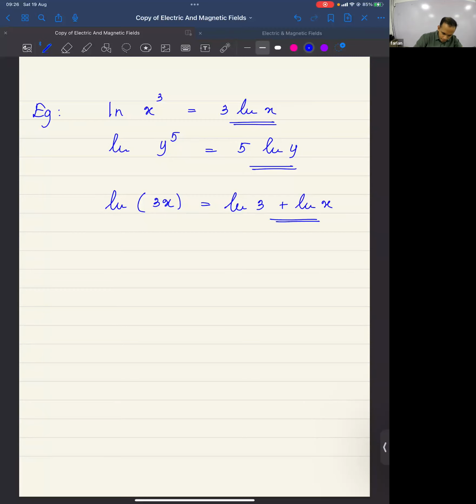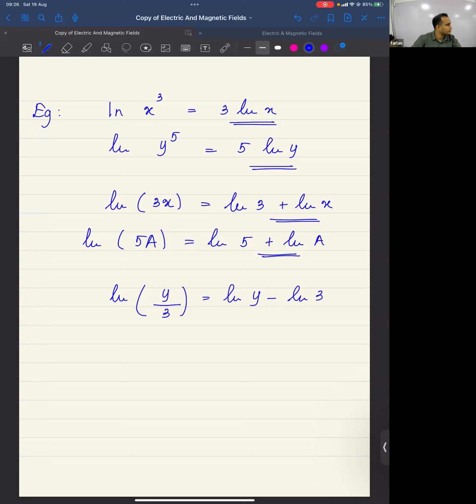Let's say you have ln 5a. You can write it as ln 5 plus ln a. Let's say you have ln y over 3. You can write it as ln y minus ln 3. Let's say you have ln 3x to the power 5.